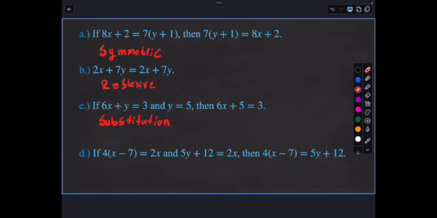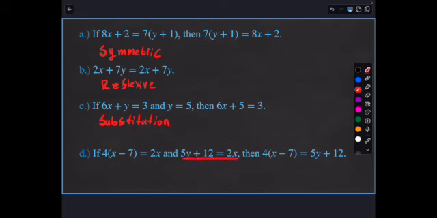If we know that 4 times x minus 7 equals 2x, and 5y plus 12 equals 2x, then 4 times x minus 7 equals 5y plus 12. Well, this one happens to be kind of a mix of symmetry with our transitive property. Why do I say it's a mix of the two? Well, 5y plus 12 equals 2x.